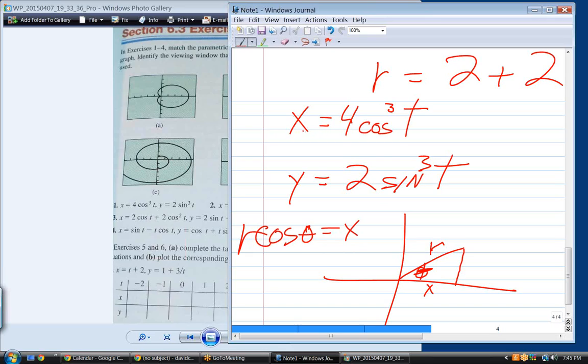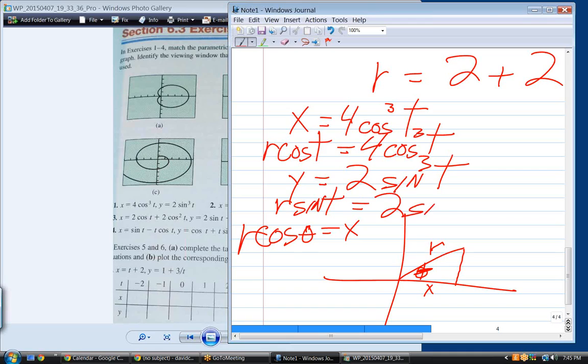So if I go up here and in place of x, I write r cosine t, equals 4 cosine cubed of t. Down here I can write r sine of t instead of y equals 2 sine cubed of t.